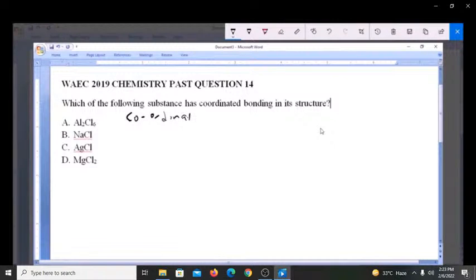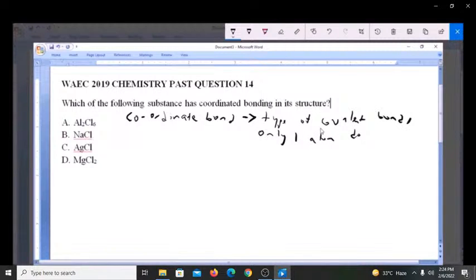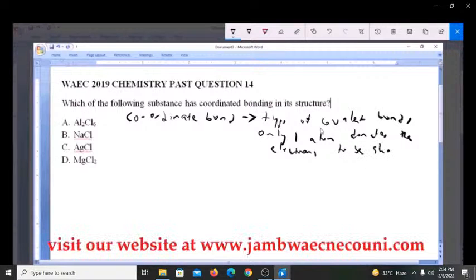A coordinate bond basically refers to a special type of covalent bond where only one atom donates the electrons to be shared in the chemical reaction.